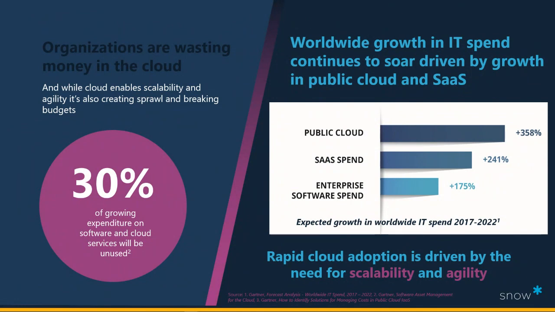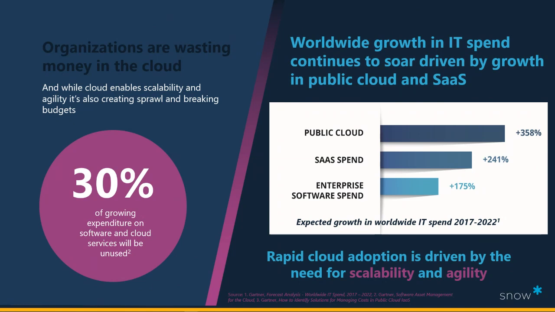Now, to put this into some context of the SAM market we're in, the worldwide growth in IT spend is just continuing to soar. As I mentioned earlier, it's being driven by cloud, SaaS, and enterprise software. Initially, we saw this being led by the likes of Salesforce, but now Microsoft, Oracle, SAP, you name it, they're all pushing their customers towards the cloud.